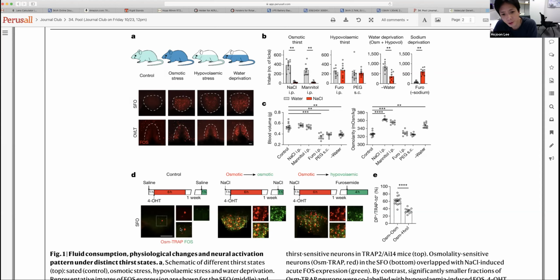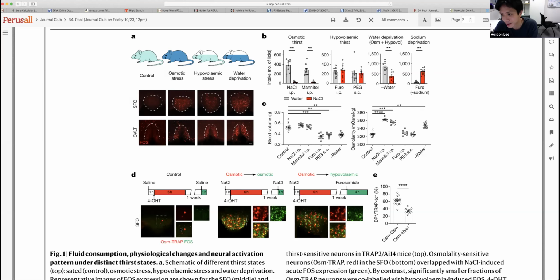So they inject sodium chloride into the peritoneum. There's osmotic stress on these animals. They inject the tamoxifen, during which time the cells or the neurons that are activated by this osmotic stress are labeled in red. They wait for everything to stabilize for a week.